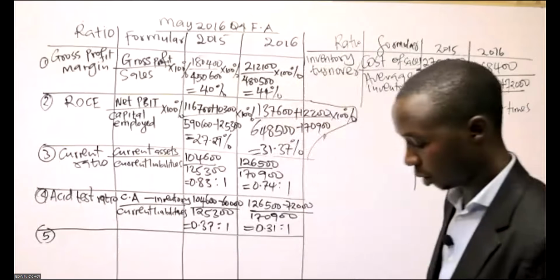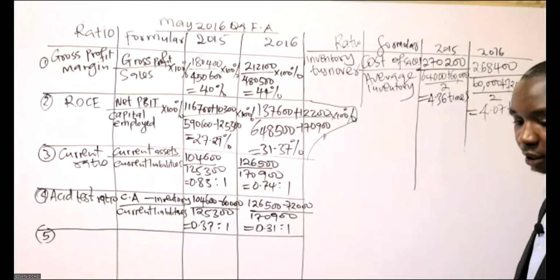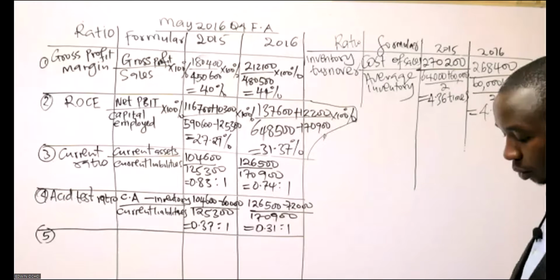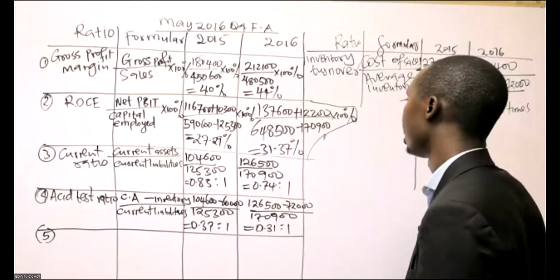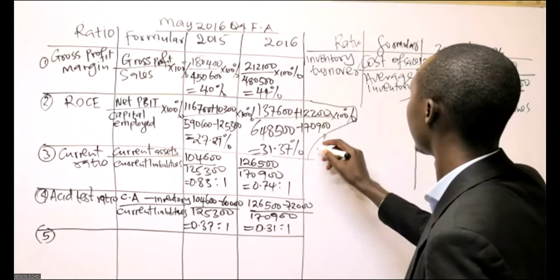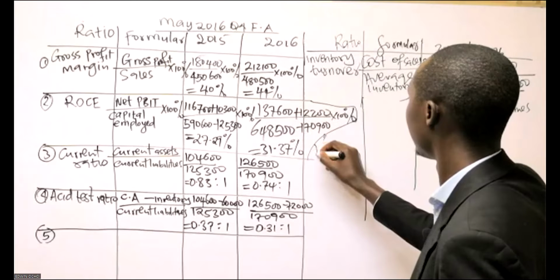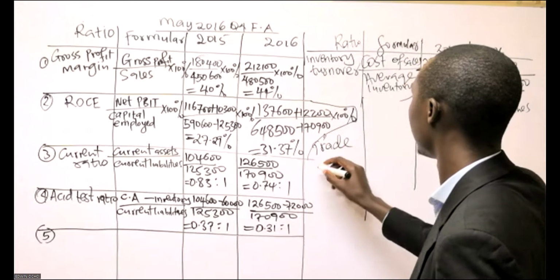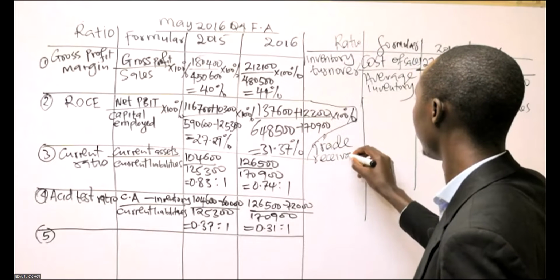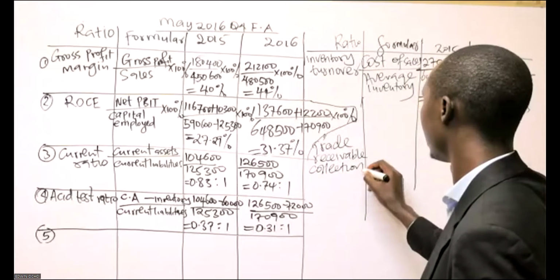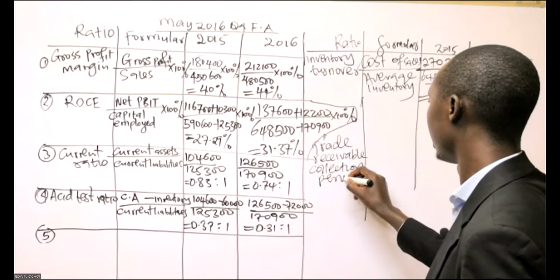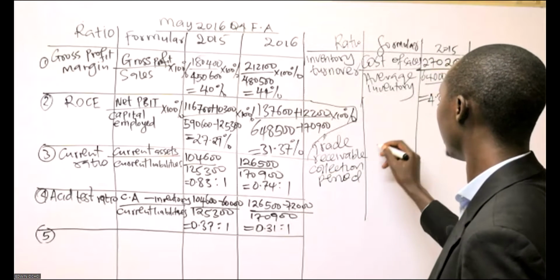Then the next one, after inventory turnover, the last one by the way, is trade receivable collection period.